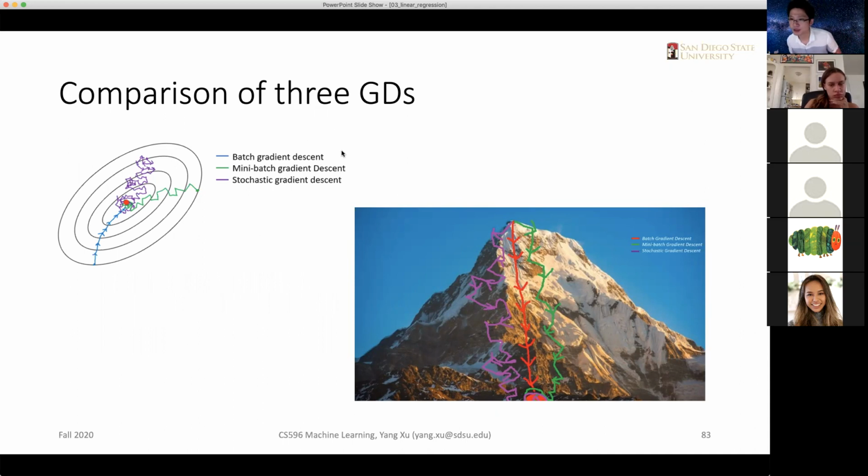I saw a question: is it that the accuracy using mini batch would be better than batch gradient descent? No, in terms of the model performance, the batch gradient descent will make sure that you reach the minimum point. It is not that the mini batch would have a better accuracy.